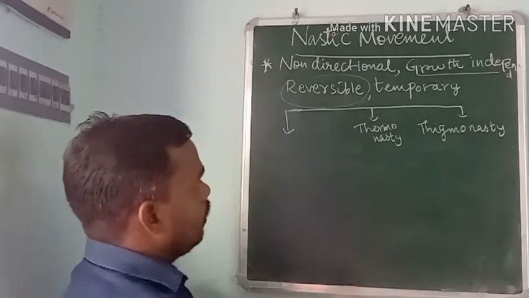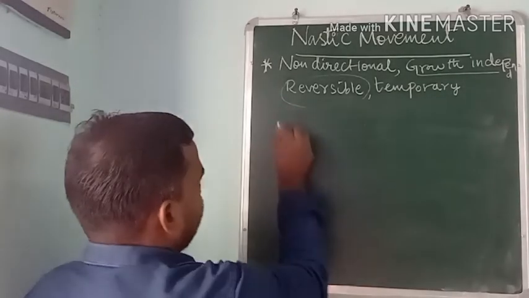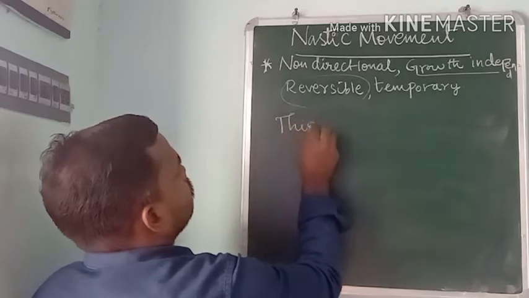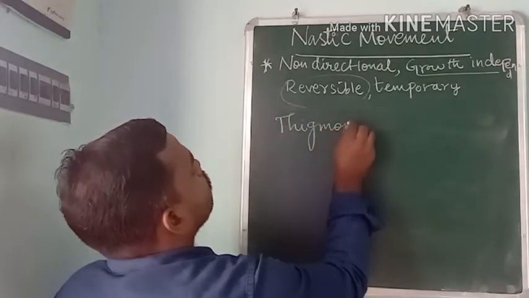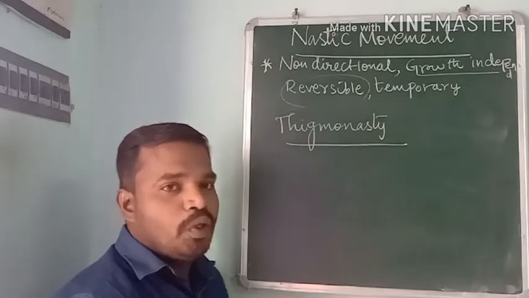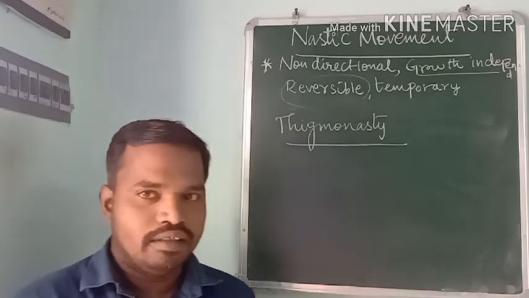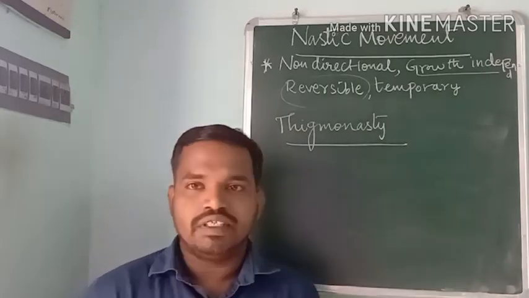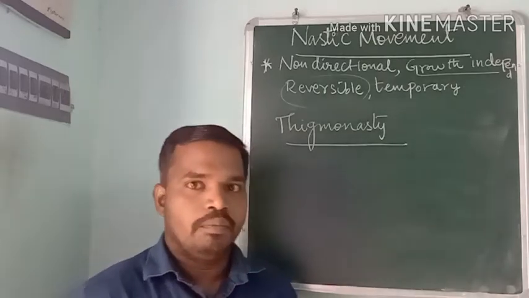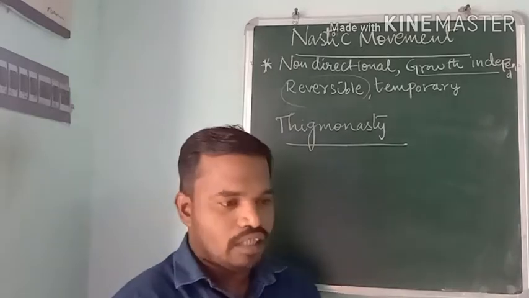Next one we will see that thigmonasty. Now you are able to define the definitions. உங்களால அந்த இப்போ இதுக்கு டெஃபினேஷன் கொடுக்க முடியும். ஸோ எப்படி முன்னாடி நம்ம photonastic definition கொடுத்தோம் இல்லையா, அதே தான்.